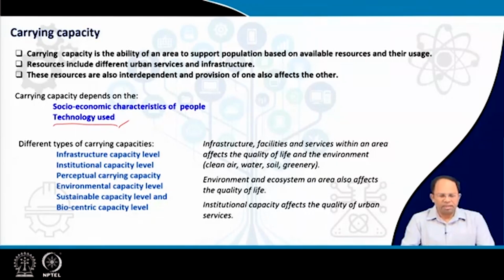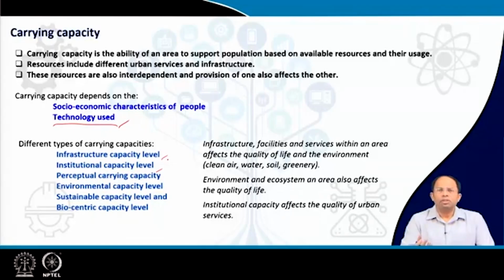Now, the different kinds of carrying capacities of an area include the infrastructure capacity level, where urban services are mostly concerned about the urban infrastructure. Then the institutional capacity level: how good are the urban institutions, or what capacity do the urban institutions have which will support certain kinds of services.